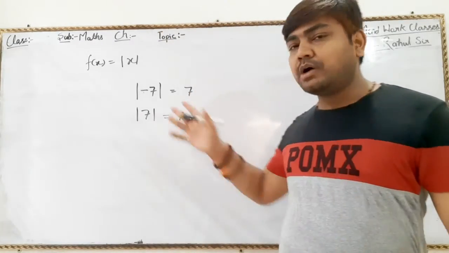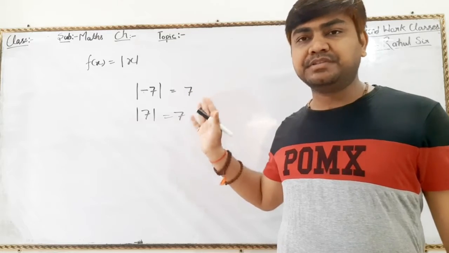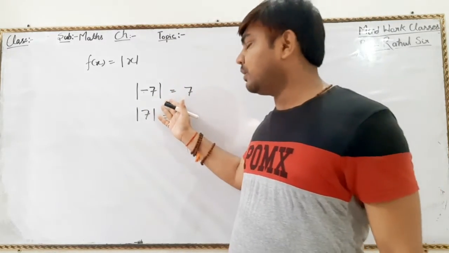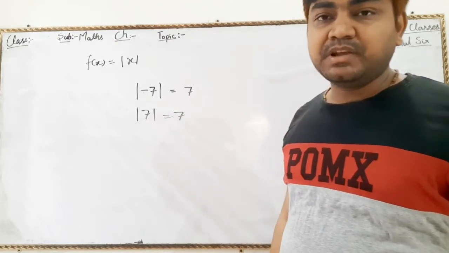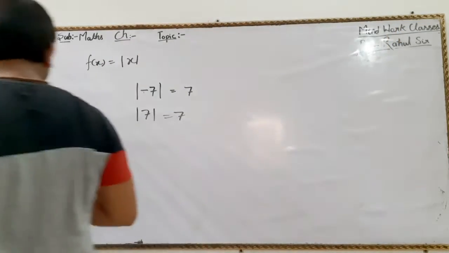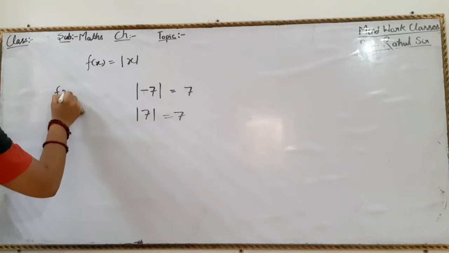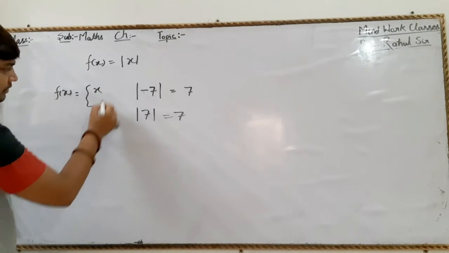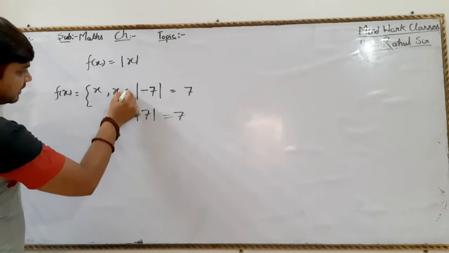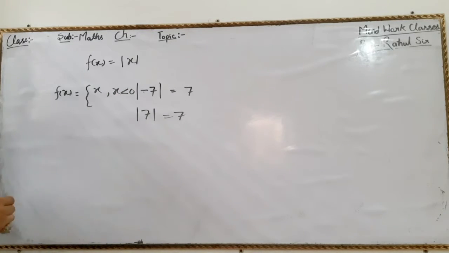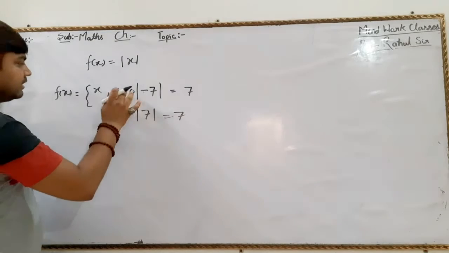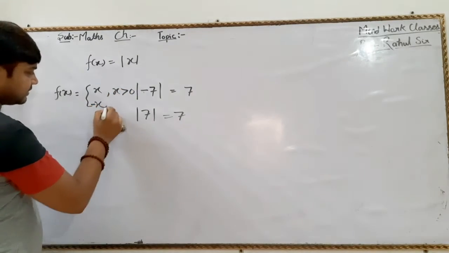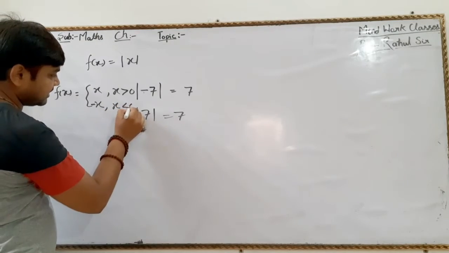Now, how is this possible? Then the main question arises here: what does mod signify? The mod signifies that f(x) is equal to x when x is greater than 0, and minus x when x is less than 0.